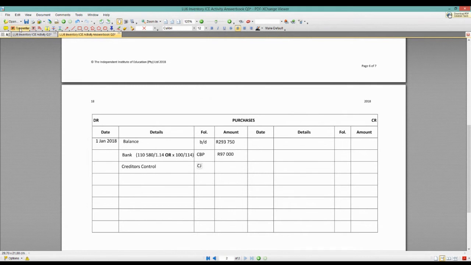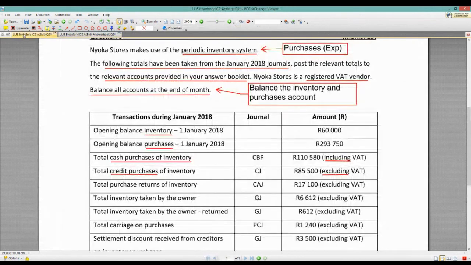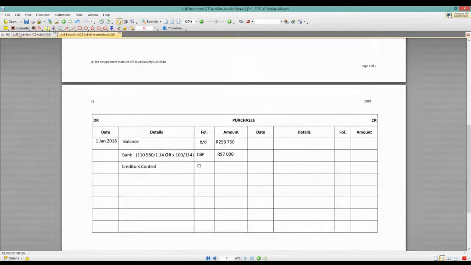And we know that the amount based on this was 85,500. Okay, so there we've done the first three transactions. For this, you would have received the mark for your creditors control and your CJ, and a mark for the 85,500.